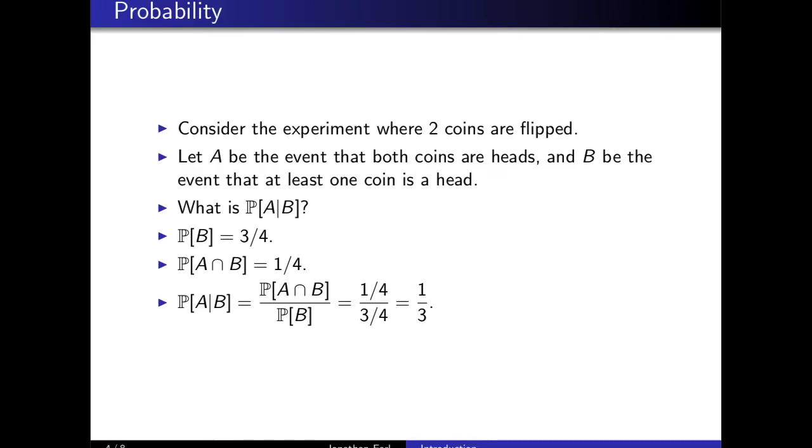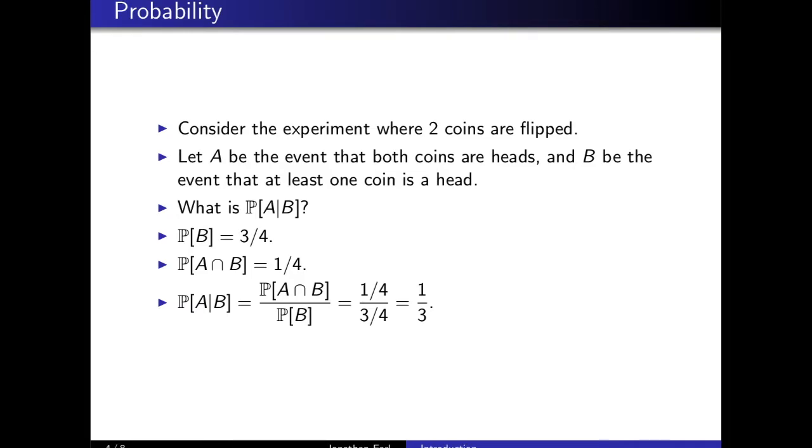Okay, so let's consider the experiment where we're going to toss 2 coins again. First, we'll let our event A be the event that the result of both coin tosses is a head, and B will be the event that at least one of the coin tosses results in a head. And we said from a moment ago that the probability of getting at least 1 head out of 2 coin tosses is 3/4, and we'd like to know what the probability of A given B is.